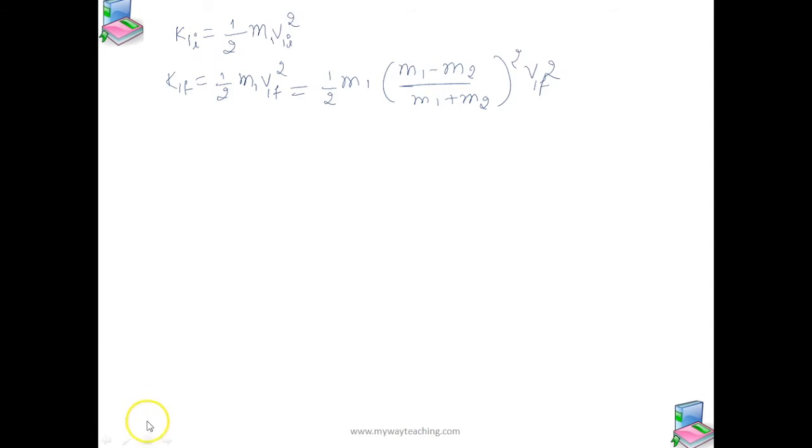And the final kinetic energy K1f is equal to half m1 v1f square, that is also equal to 1 by 2 m1 into ((m1 minus m2) by (m1 plus m2)) whole square v1i whole square.